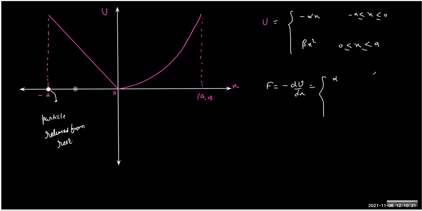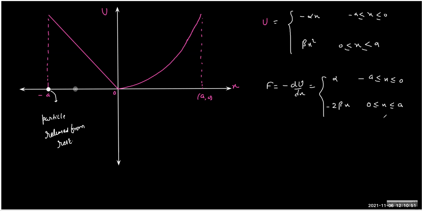Alpha, and I will get... so we have two different mathematical relations for different regions of motion.